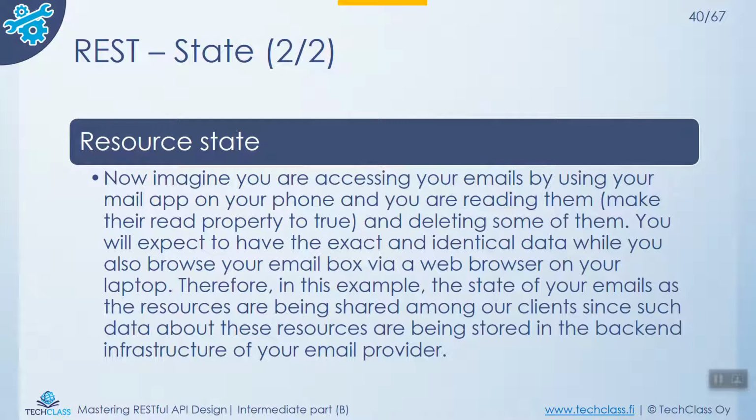Imagine you have emails in your email box. All of these resources have a state, like if you read the email before, or it's an unread email that you should read now. Usually when you go to mailboxes, these unread emails are the bold ones, and once you open them, they become read, and their status also changes to read instead of unread.